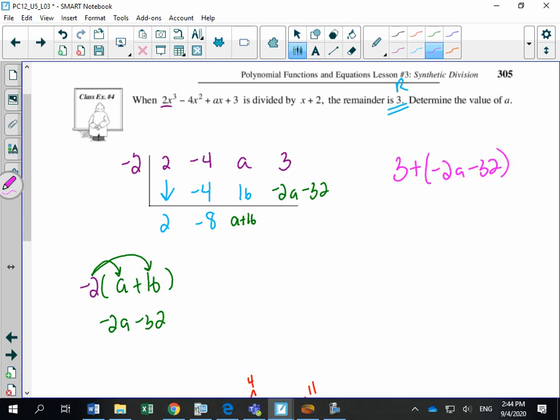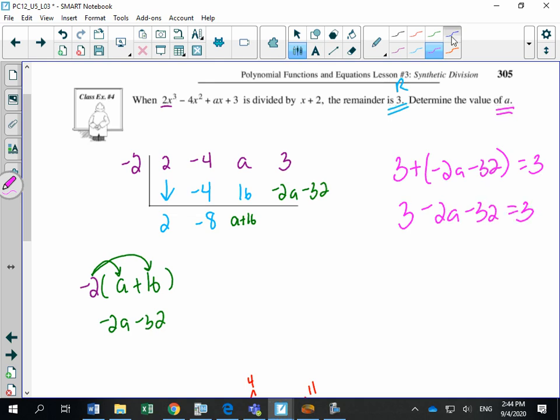Okay, and we know that this plus this equals our remainder, and they say the remainder is 3. So we're going to know that that's equal to 3, because what this question is asking is determine the value of a. So this is 3 minus 2a minus 32 is equal to 3.